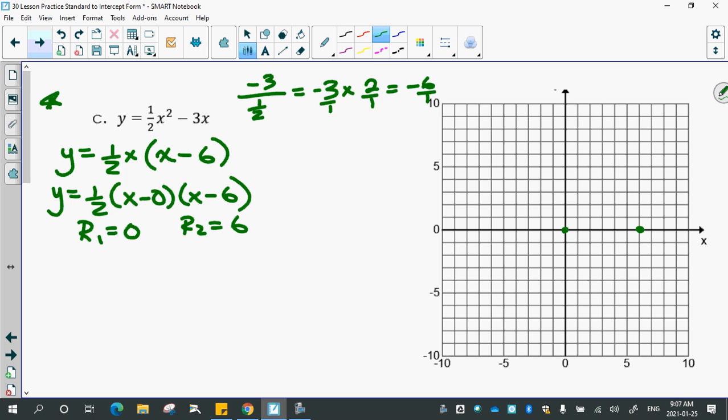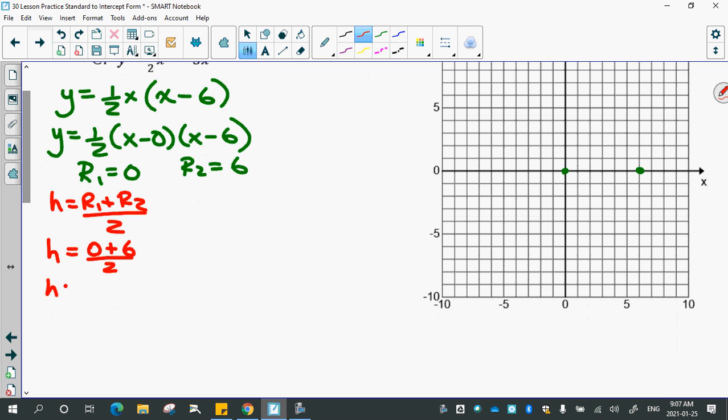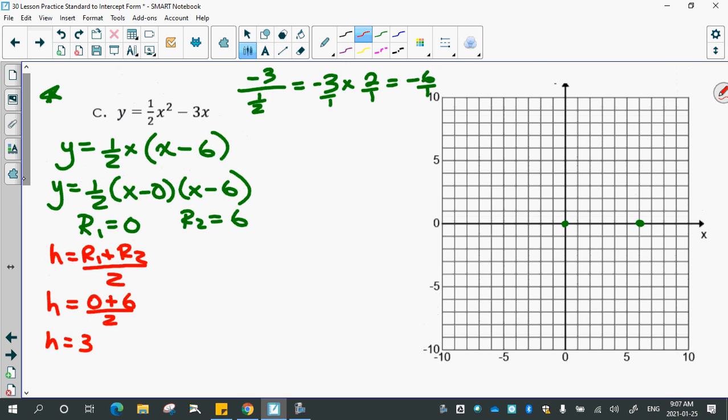And then I'm going to find h, my vertex. So h is R1 plus R2 divided by 2. Which is 0 plus 6 divided by 2, which is 3. It should make sense to everybody. So we know our vertex is going to be somewhere along there.